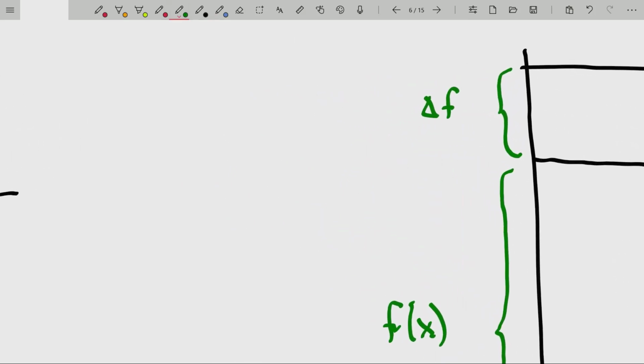If you need a review of that, please go see the video on the product rule. If you're changing outputs, you had your original output and your new output, and the change in output is just the difference between new and old. That's what our change in f is going to be.